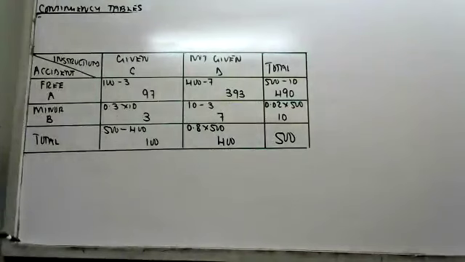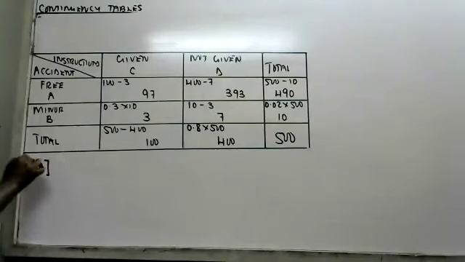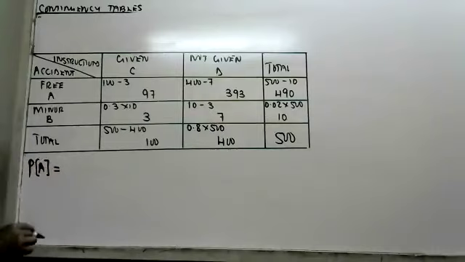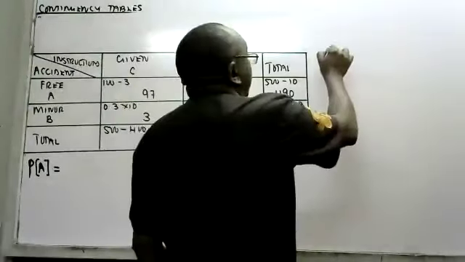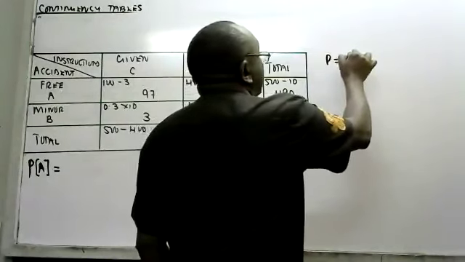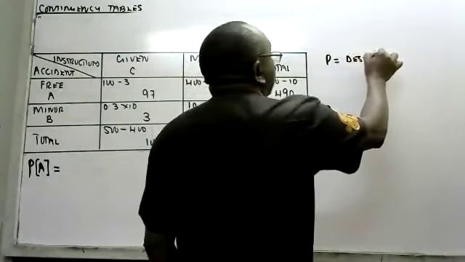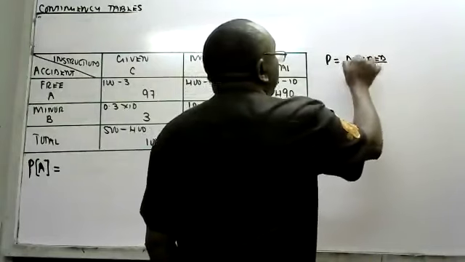Now let's do some other computations based on this. If you are told to get probability of A, you use the formula that I had given you earlier, that probability is equal to desired over possible.